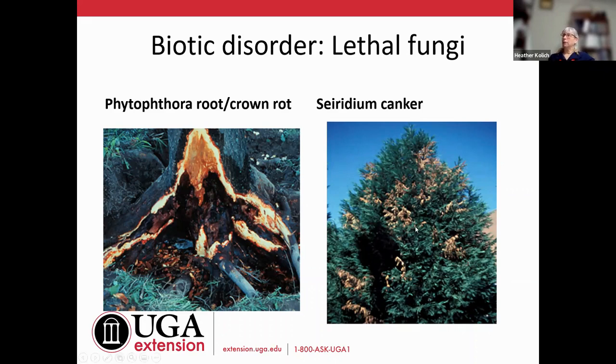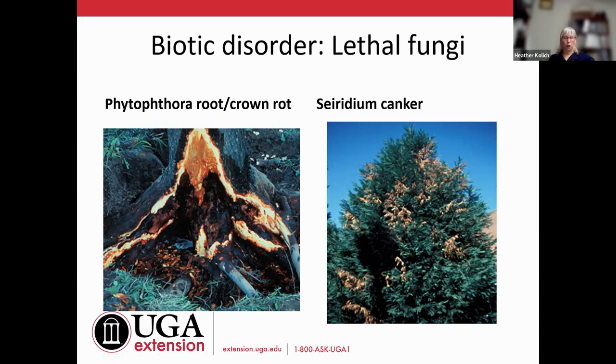On the right here, we have Seiridium canker in a Leland cypress. This is something that actually causes the vascular tissues to be clogged up so they can't move moisture out to the tips of the trees. So we have random branch dieback throughout the tree. This is something that cannot effectively be treated with a fungicide. So that will eventually kill the tree.